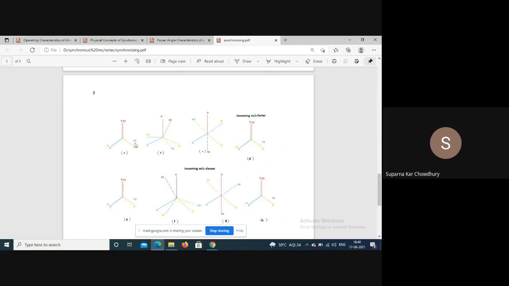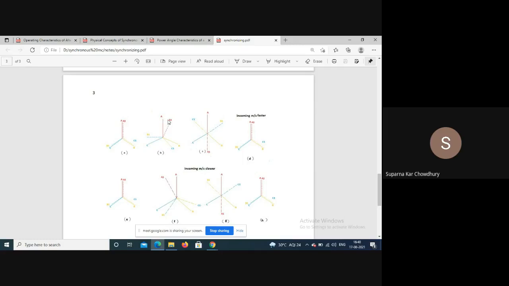All these voltages will be zero. Now, if the incoming machine is faster, say the incoming machine is rotating in the opposite direction, so it will go ahead in this direction.